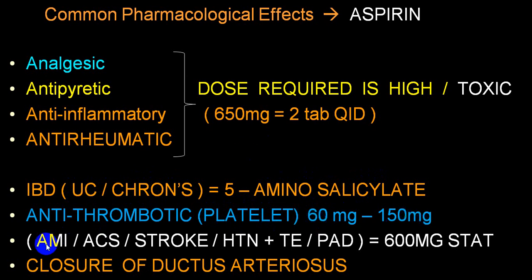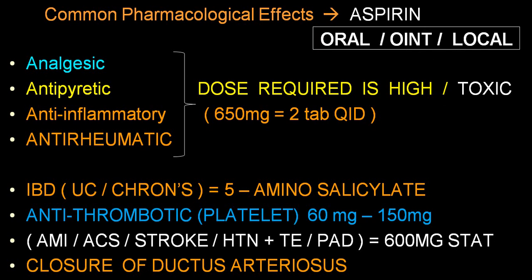Only in case of acute MI, acute coronary syndrome, stroke, hypertension with thromboembolic phenomena, peripheral arterial disease, TIA, you might have to give 600 milligram stat followed by a lower dose, that is 150 milligram BID or 75 milligram BID. And it is a very good drug for closure of ductus arteriosus in a person with patent ductus arteriosus.